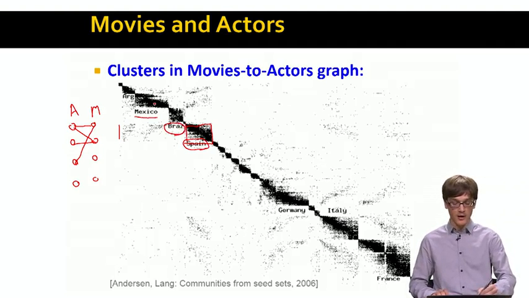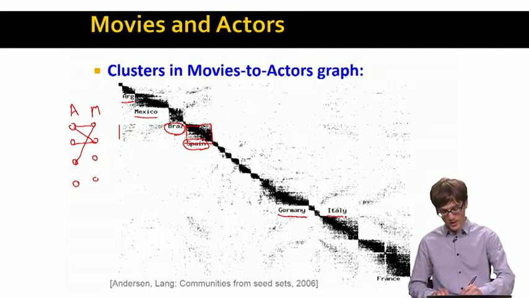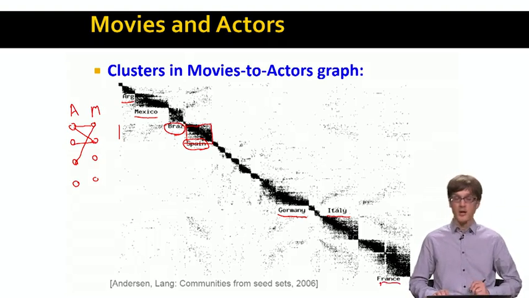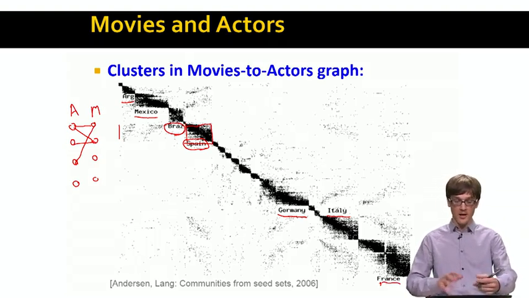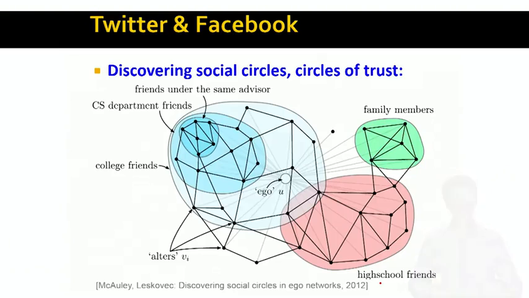Interestingly, there is very little overlap between the actors that play in Mexican movies and in movies made in Spain. Here's the Argentinian movie production. We have Germans down here, Italians, French, and so on, right? So again, taking this actors to movies graph, this is what we would find doing the graph clustering or graph community detection, as it is called.